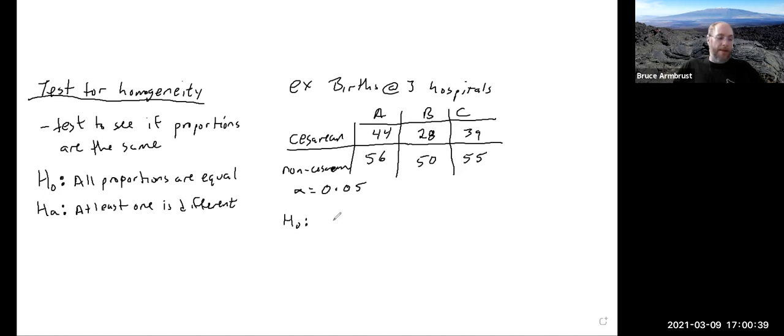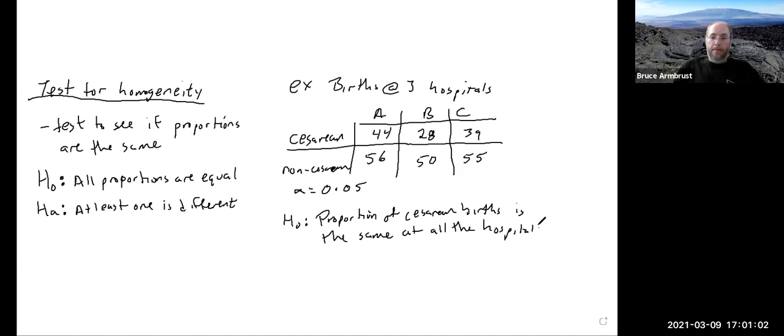The null hypothesis is that the proportion of cesarean births is the same at all the hospitals. All right, so that's what a test for homogeneity is going to do.